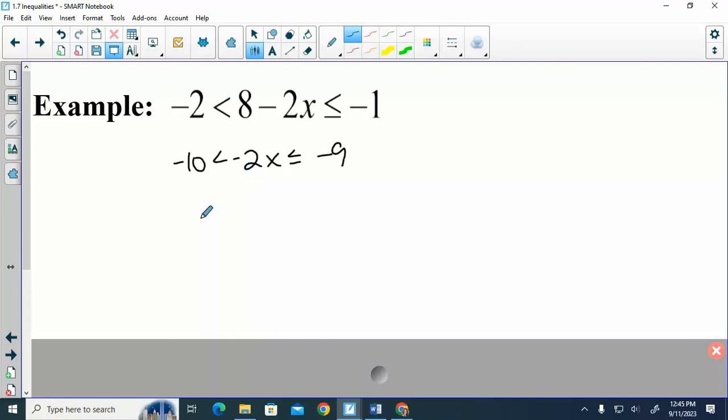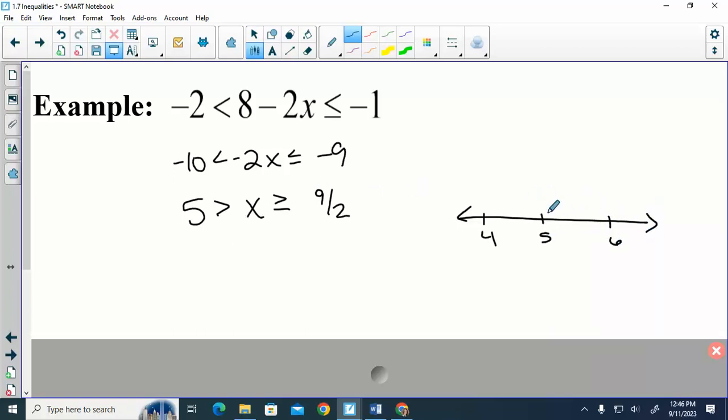And what does that do? Okay, and so if you're thinking about this, it says x is smaller than 5 but bigger than 9 halves.